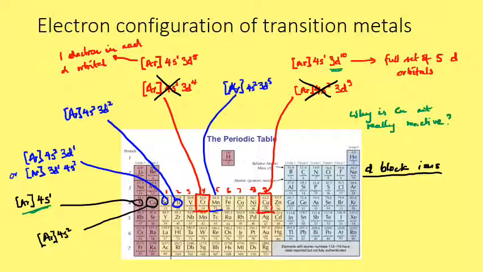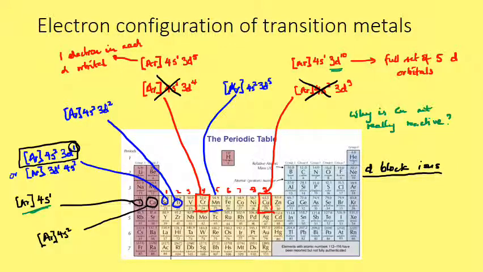So let's take an easier example, scandium. I'll just draw a square around scandium. The electron that went in last was our 3d1 electron, this electron here.